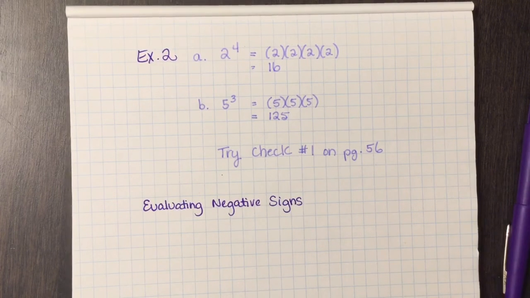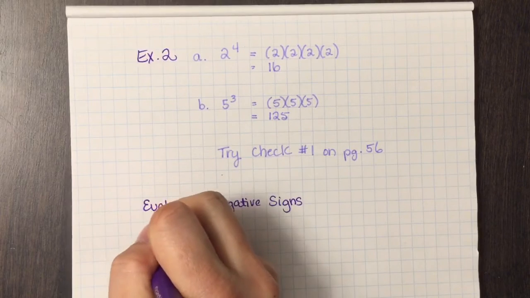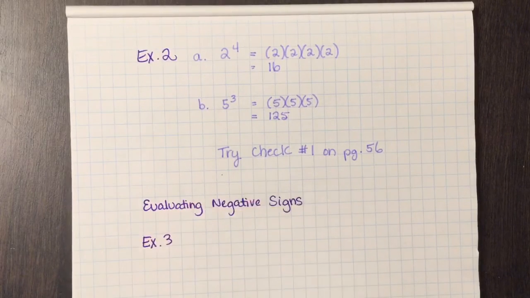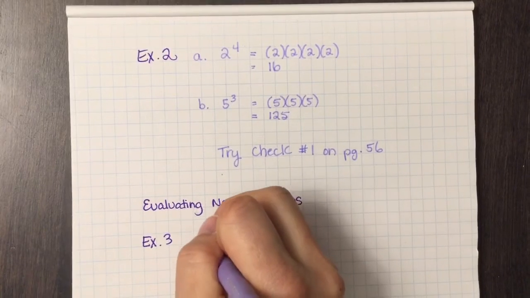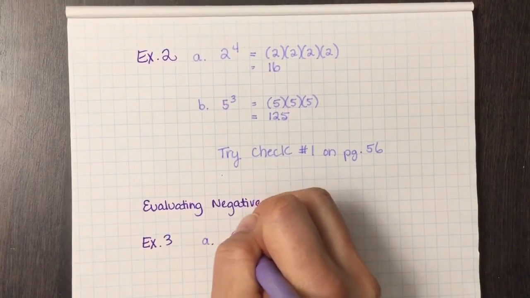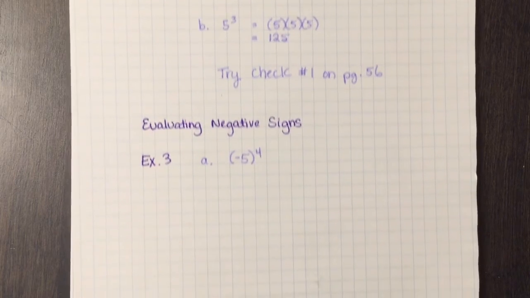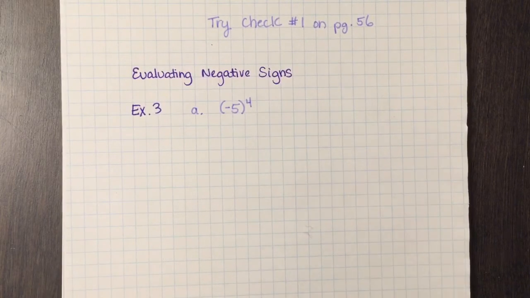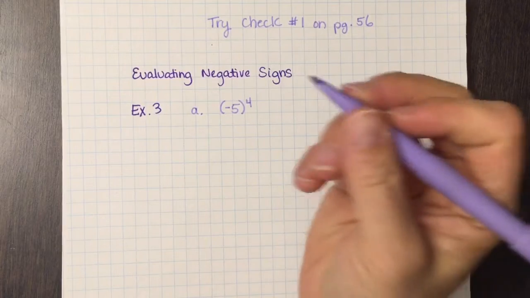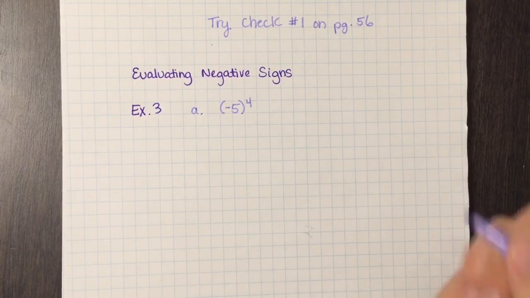So, example number 3 says identify the base, then evaluate each power. If we take a look at the first one, it says brackets minus 5 to the 4. I'm going to scroll this up a little bit. So what does that mean in expanded form?